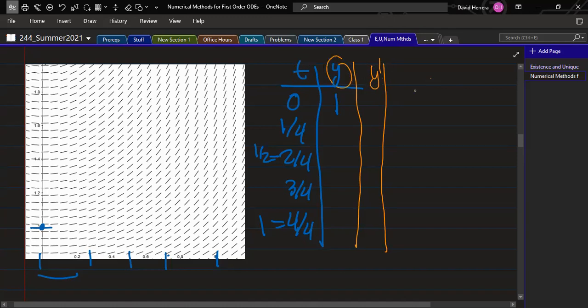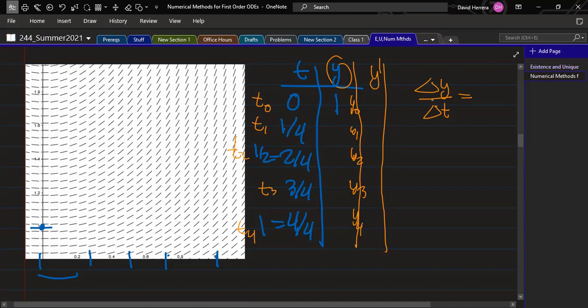Euler's method says that delta y for delta t is going to be, let's number these. So this is going to be t0, t1, t2, t3, t4. This is going to be y0, y1, y2, y3, y4. And these are just derivatives.